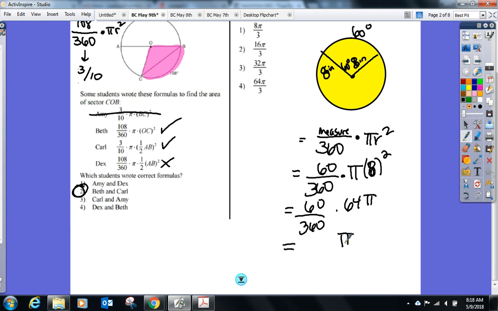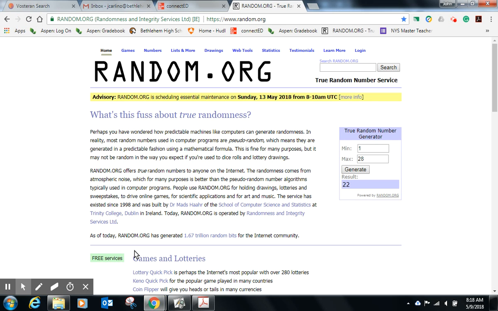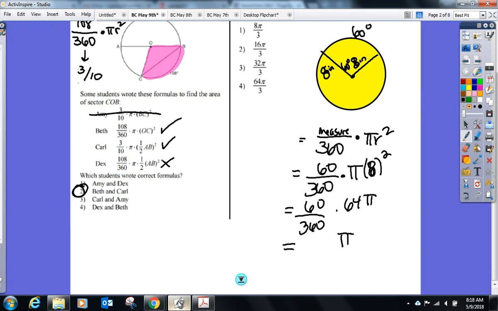Anybody turn it back into a fraction? What's the issue? 60 over 360 times 36. Okay, 6 pi.